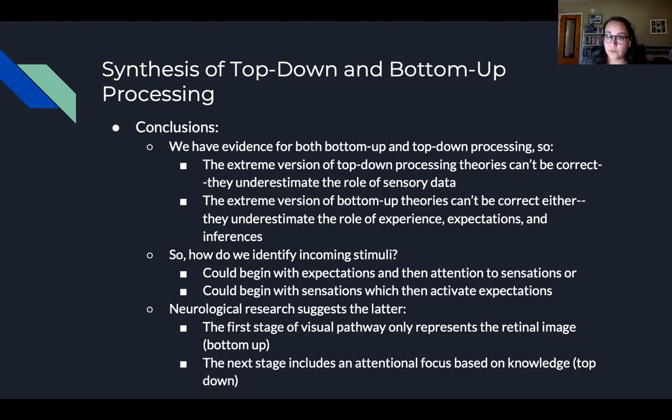And there is some neurological research to suggest that this is the case. For example, like we talked about with visual pathways, the very first stage of the visual pathway represents only the retinal image of the object. And then very quickly, the representation is influenced by our interests, our past experiences, our attentional focus, and things like that.